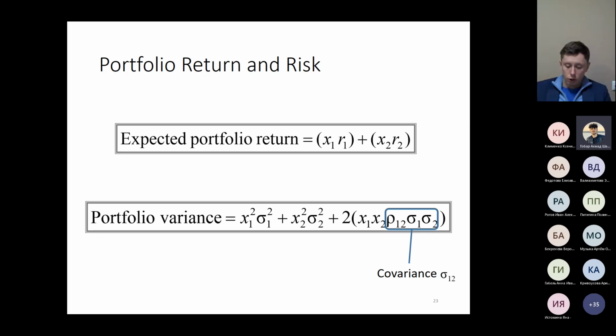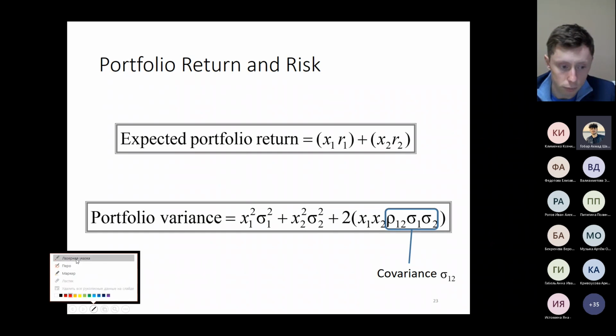In order to estimate return, we do not need to consider correlation directly. It would affect the outcome, but only through the changes in the returns themselves.